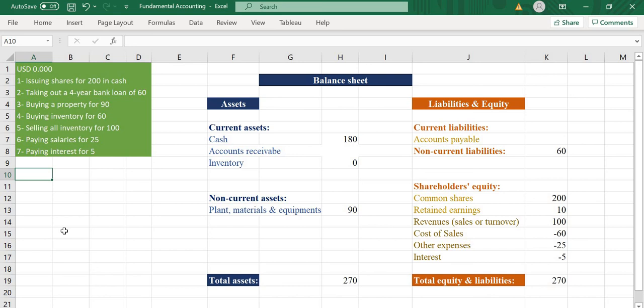To stop the video here, I would like to show you again some very basic formulas for the company's balance sheet.